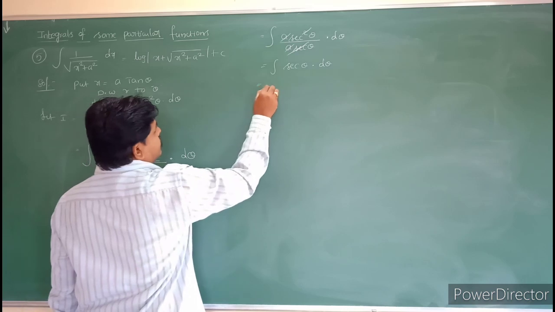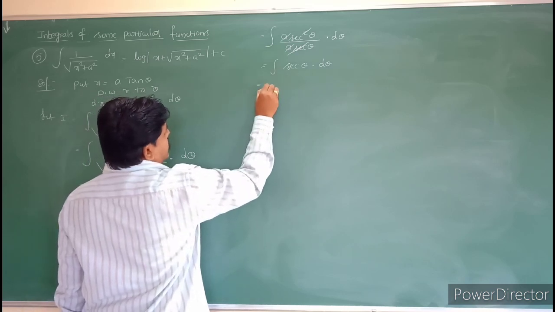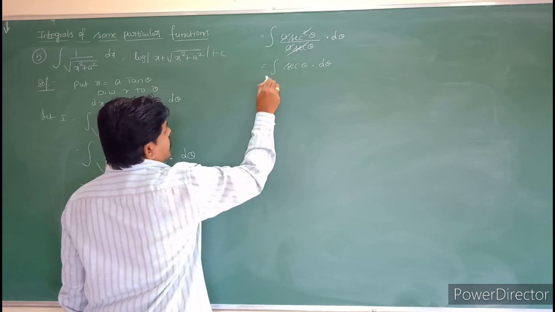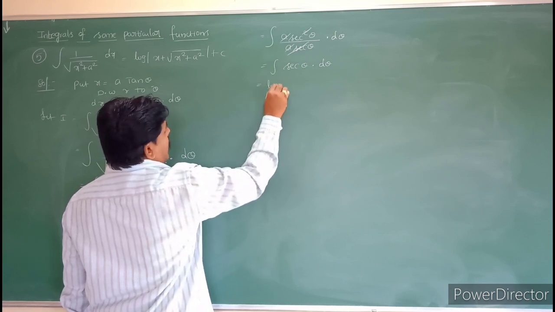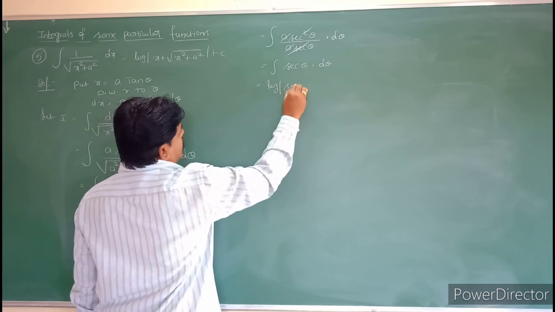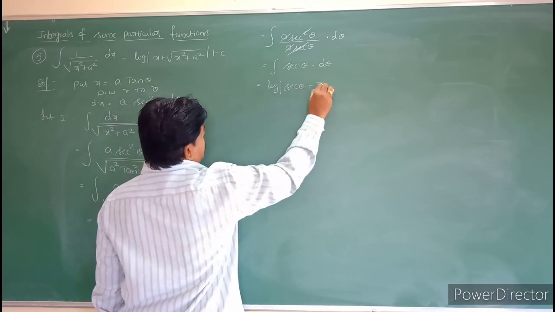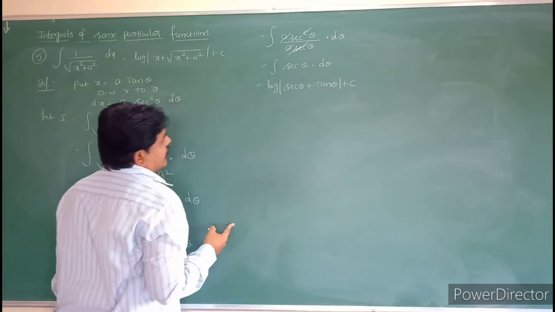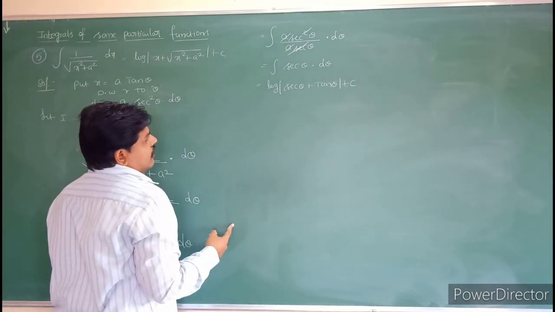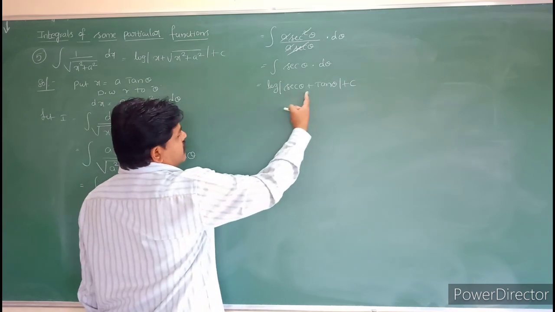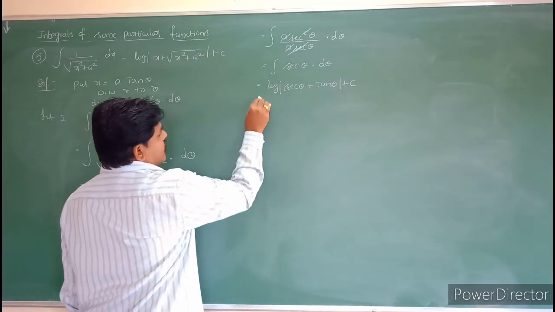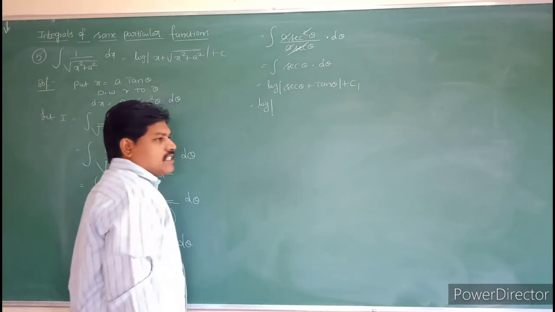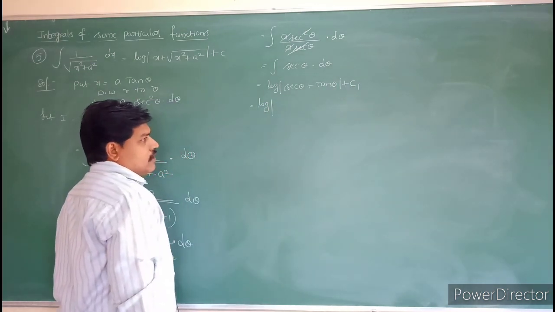So that is equal to integral of secant theta, which is log of mod secant theta plus tan theta plus c. This is c, I will take it as c1, by our convenience.